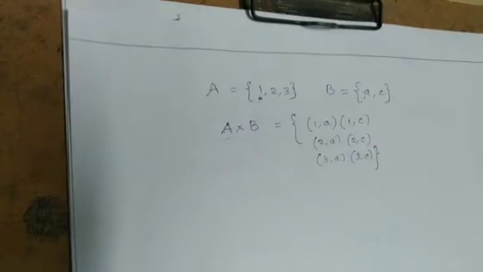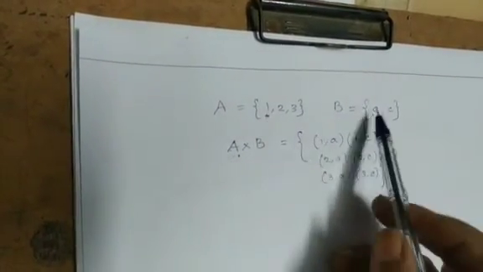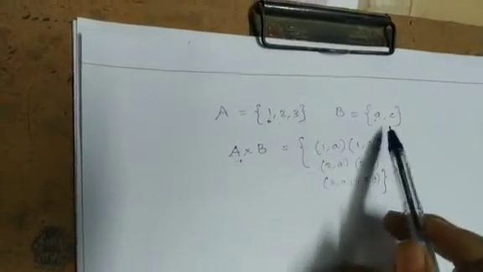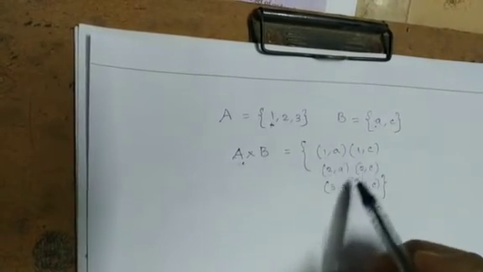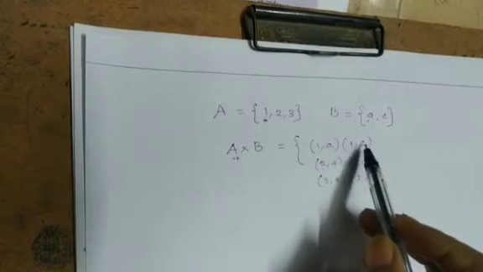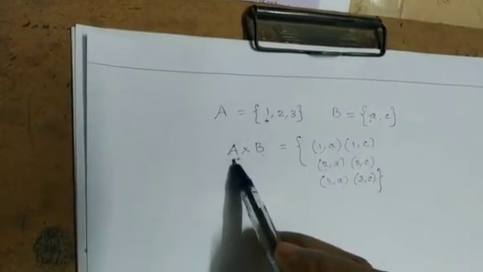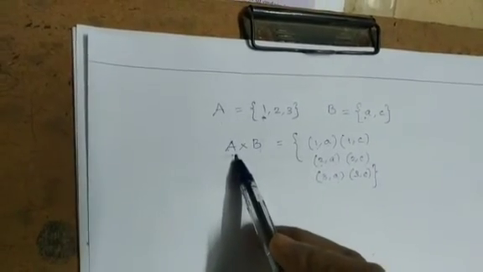Written in set bracket form. Hence, A cross B is equal to {(1, a), (1, c), (2, a), (2, c), (3, a), (3, c)}. The first elements belong to the set A and the second elements belong to the set B. Here, the first set is A. Therefore, all the first elements belong to set A.